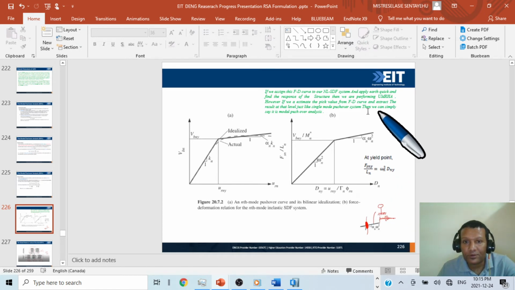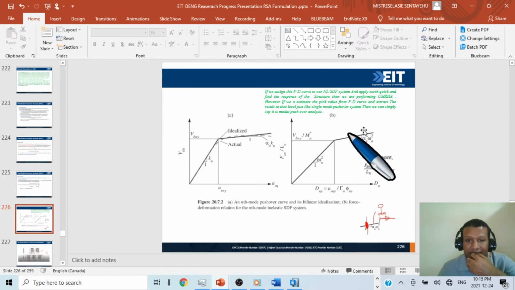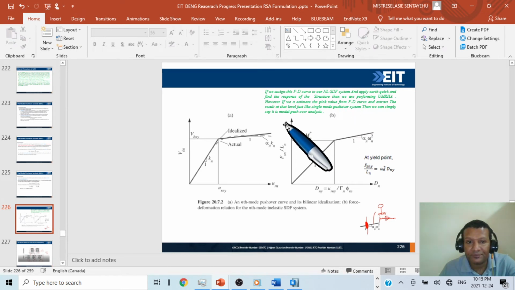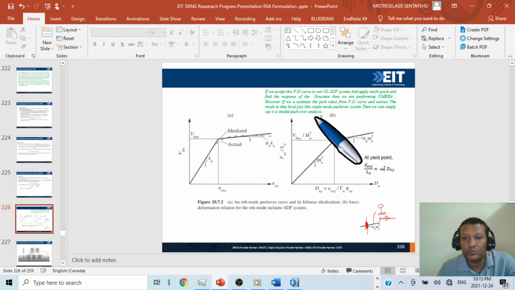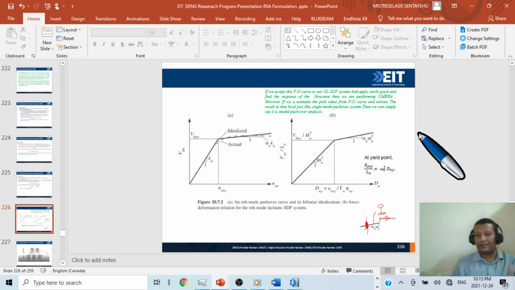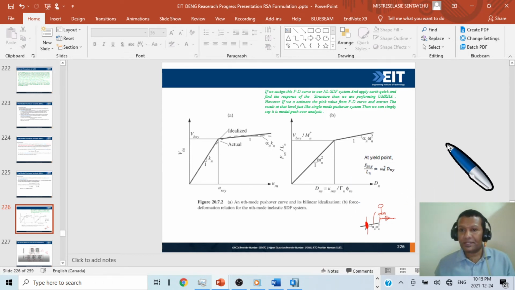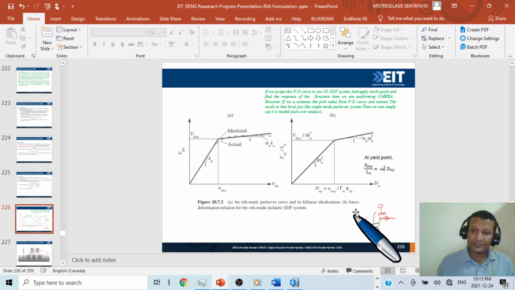But what we are going to do, however, is this. For example, this is our curve. If we assume the peak value from the FD curve, from our force deformation curve, and extract the result at that level, just like a single mode pushover analysis, then we can simply say it is modal pushover analysis. This is the underlying idea. If we apply this to a single degree of freedom system and apply the ground motion and extract the response, that is UMRHA.